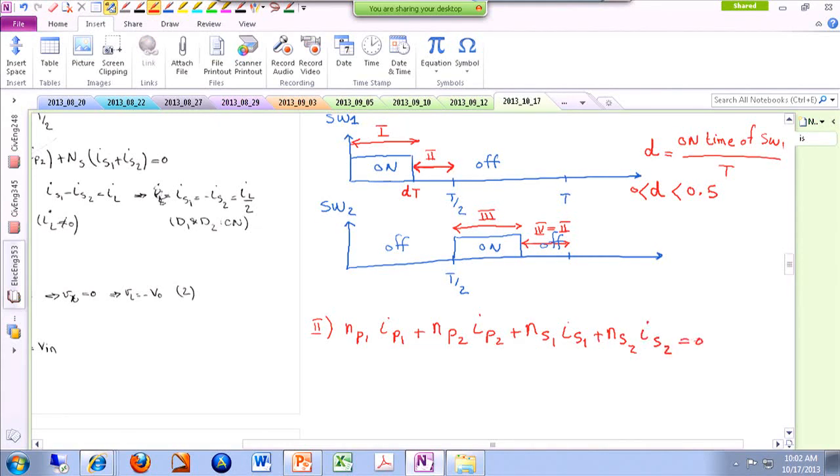So this is a general equation that holds for a transformer that has 4 windings in it, okay?